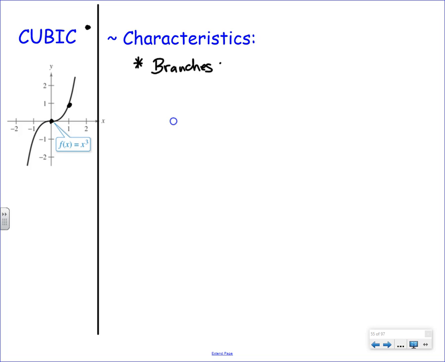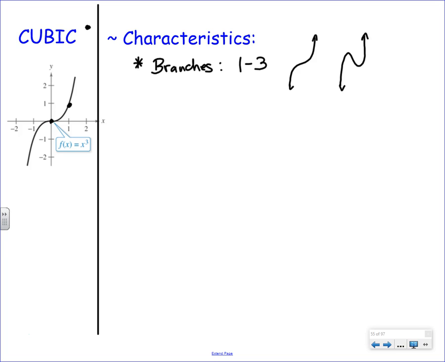Technically it's going to be 1 or 3, because you could have strictly increasing or strictly decreasing, in a sense one branch, or you could have 3 if it was distorted. You could have up to 3 visible branches, I should say.